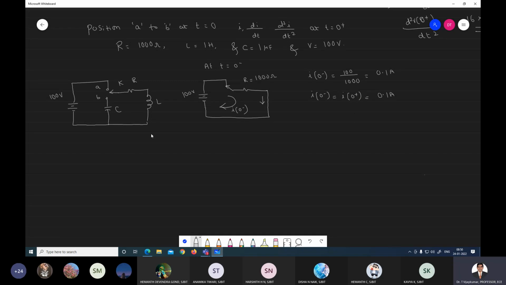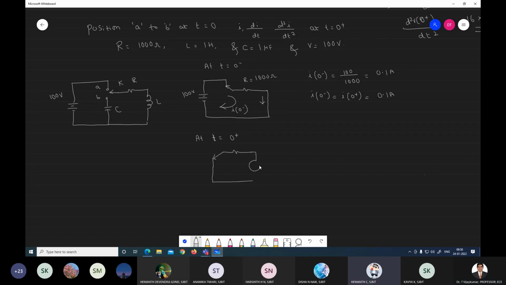Next, at t is equal to 0 plus. Which position at t is equal to 0 plus? Position B. In position B, the capacitor is initially uncharged. Therefore, immediately after closing the switch, the capacitor will act as a short circuit.